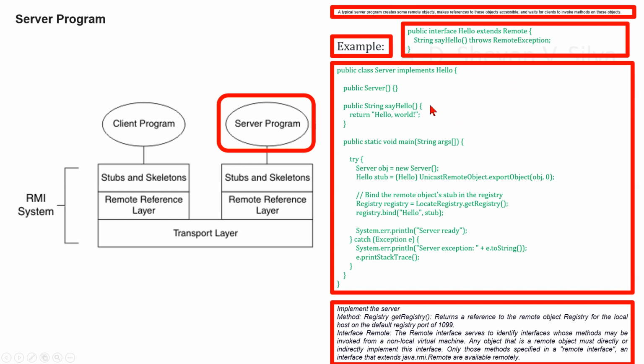A server class, in this context, is the class which has the main method that creates an instance of the remote object implementation, exports the remote object, and then binds that instance to a name in a Java RMI registry.